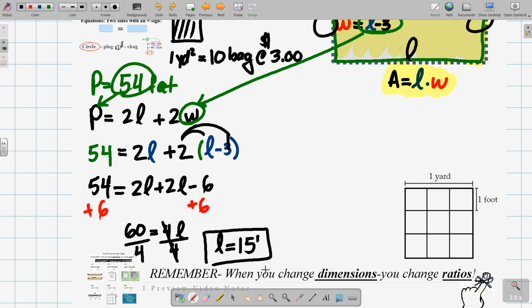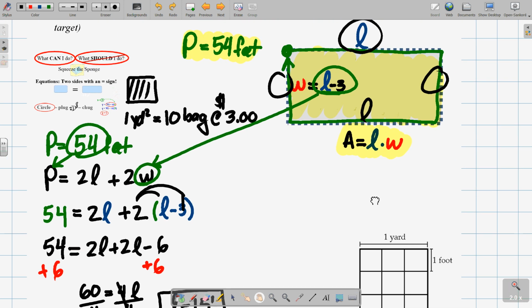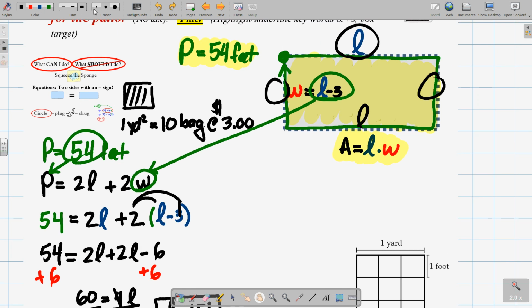My length is 15 feet. That means my width, minus 3, is 12. Now we can start working on the concrete because now we can find the area.